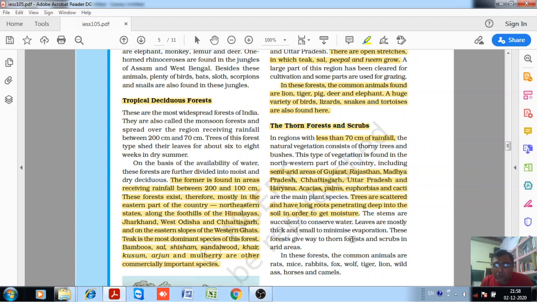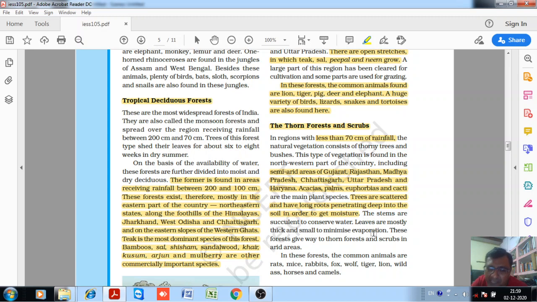To get the water, the plants have adapted such that the roots go deep to find the moisture, because in the upper layer of the soil moisture is very less.